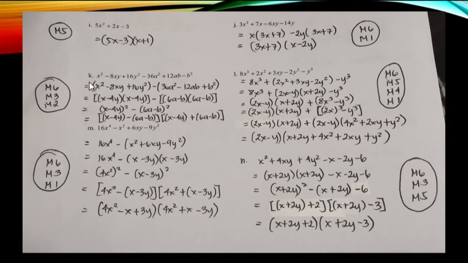Sige, okay. X squared minus 8xy plus 16y squared minus 36a squared plus 12ab minus b squared. So, we use grouping sa atong method 6 una. So, gigrupo na to ang tanan na pwede na to ma-factor. Kani sila pwede na sila ma-factor out as perfect square trinomial.